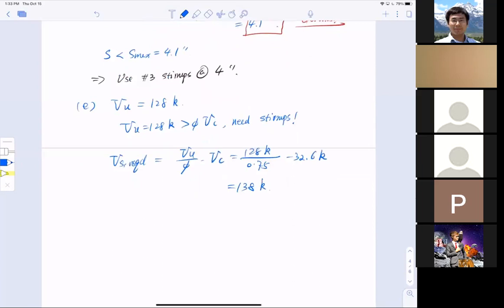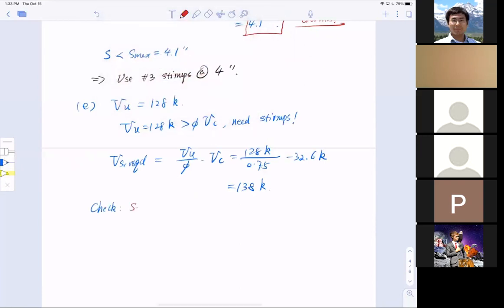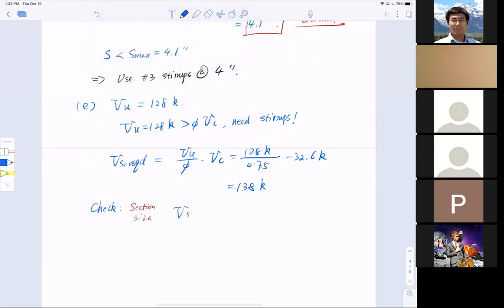So I need to make sure this is okay with my size first. First thing, check the section size. Vs required equal to 138 kips.